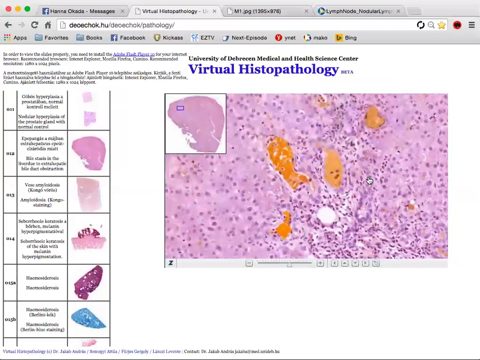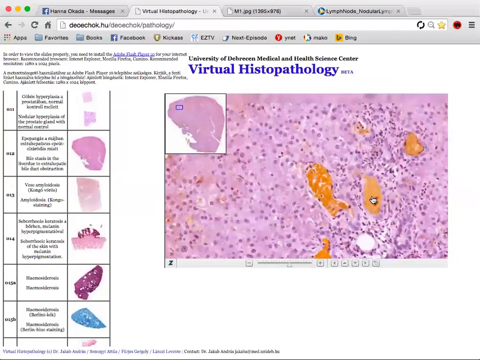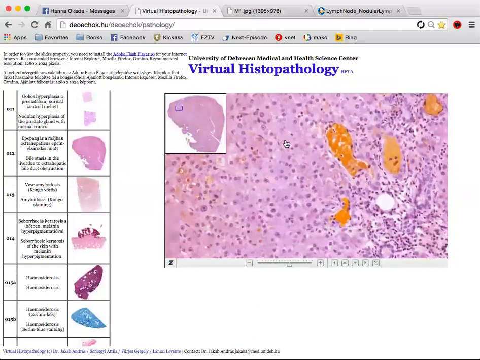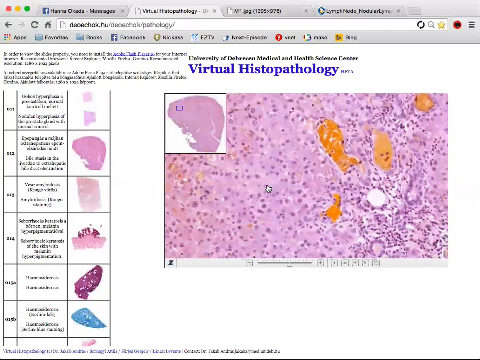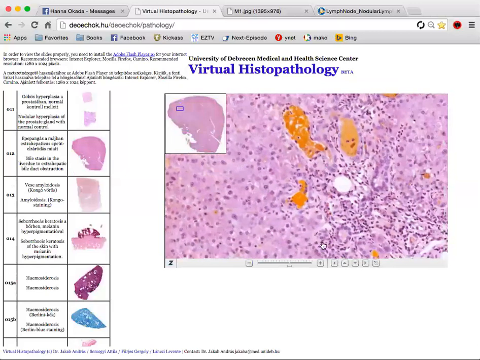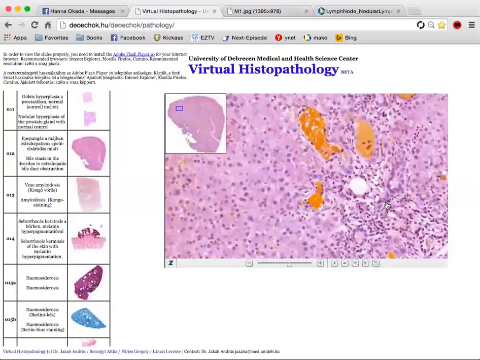Okay, that's it. Could you say again what we have to say in this slide? Yeah. So you say that this is a specimen of liver, and you can see it because you can see the histology, with the portal triads and maybe some central veins.